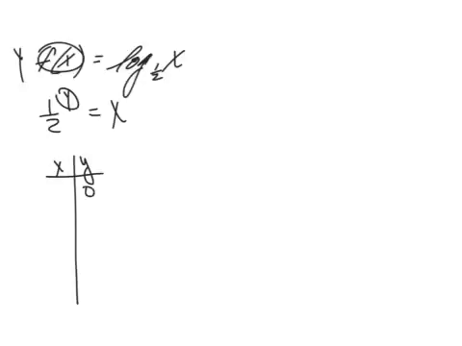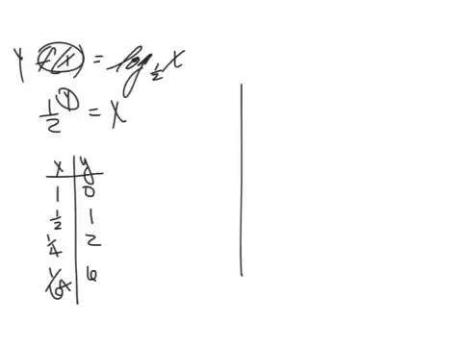So let's put a 0 in there, and my x is 1, because 1/2 to the 0 power is 1. We'll put a 1 in there, and that gives me a half. A 2 gives me a 1/4. And a 6 gives me 1/64.